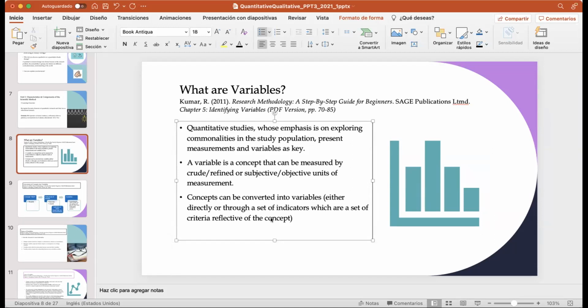So how can a concept become a variable? Because a variable I can measure. Sometimes concepts are not measurable, and Kumar gives lots of examples about this. Concepts that are not necessarily measurable, but we can transform them, by a set of indicators, into measured variables.